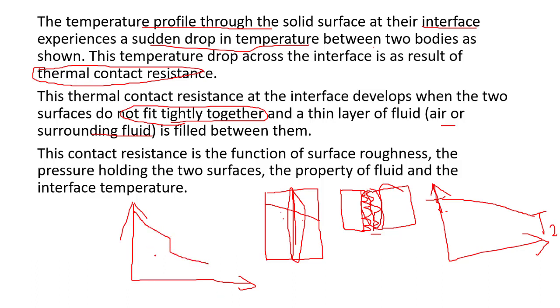So this is the temperature drop at the interface. Our temperatures are T1, T2, and this temperature is T3 and T4. So there is a slight drop in temperature at the interface.